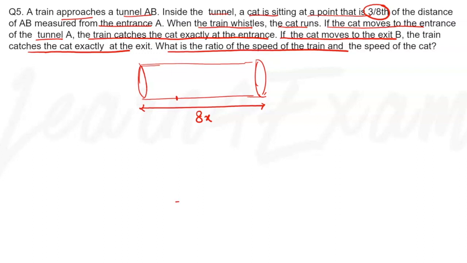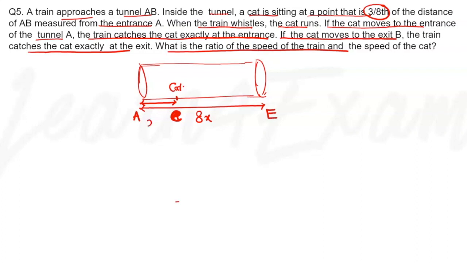So this is the position where the cat is standing initially. Let this be the cat, and the distance from the entrance of the tunnel. Okay, the entrance is marked A, so let this be A. Let this be C. Let me assume that the position of the cat is C. Let the end of the tunnel be marked as E, right?